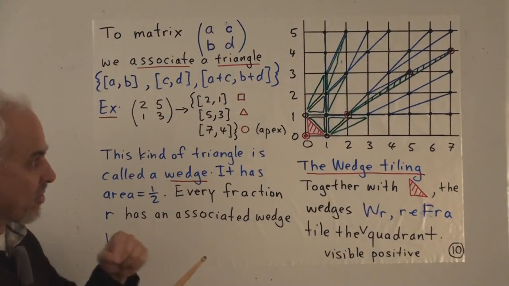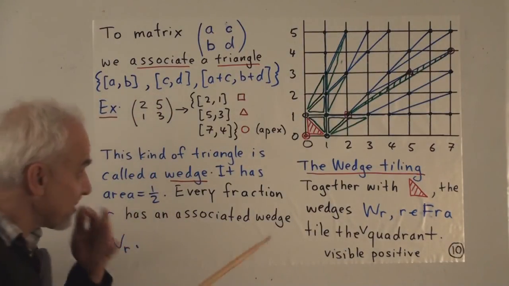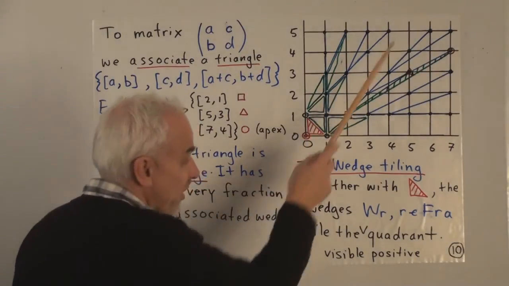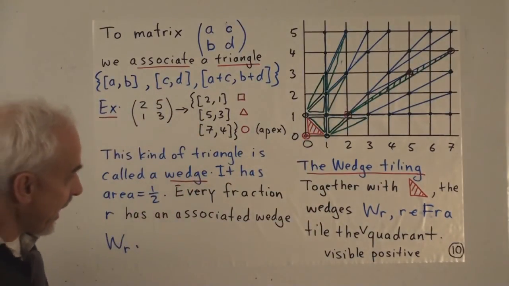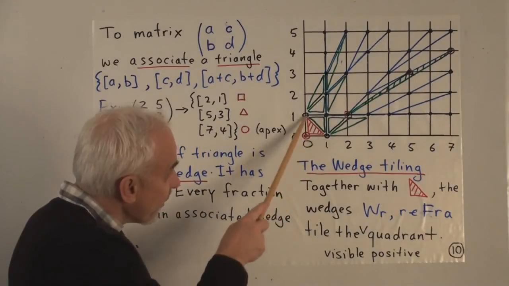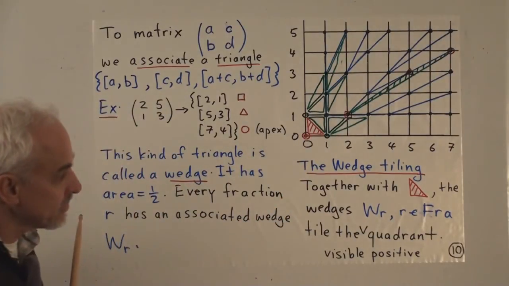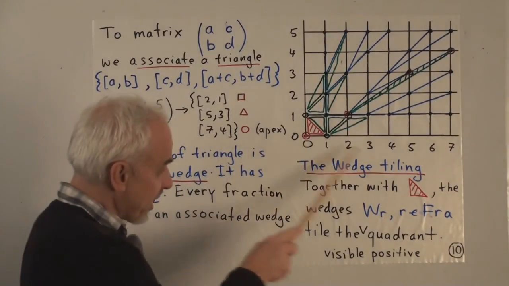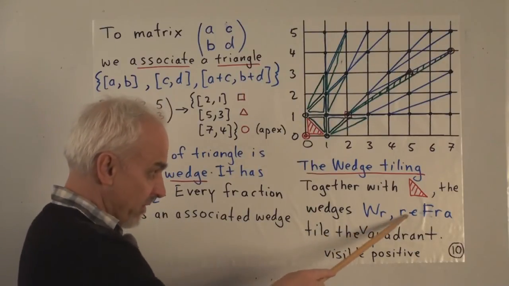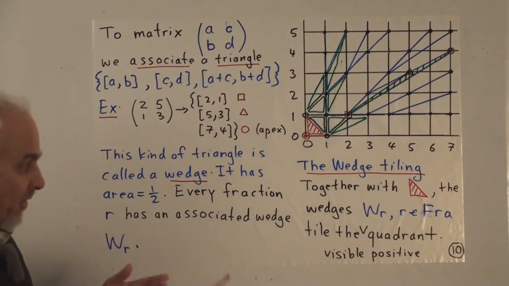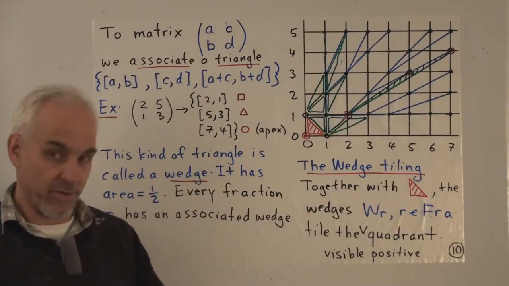It's the visible quadrant that's filled out. So for example, shadows of points are not covered. And this triangle here is also a bit of an exception. So together with this red triangle here, the wedges W sub r, where r is a fraction, tile the visible positive quadrant.